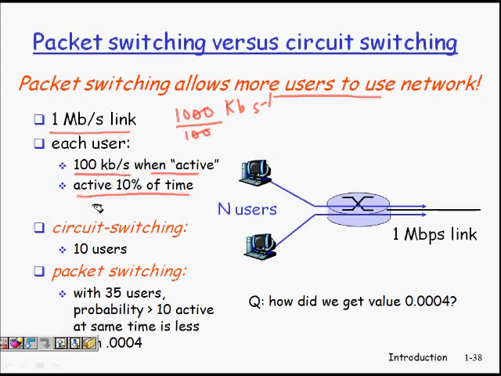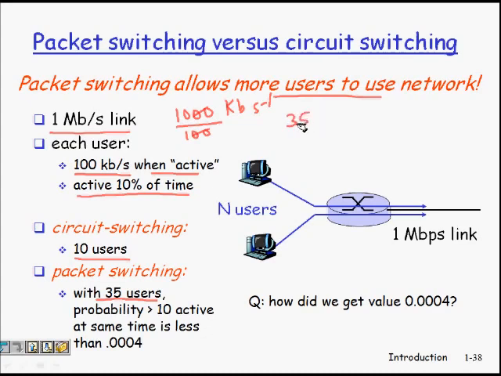On average, we are active only 10% of the time. So with circuit switching we would have got just 10 users, but here let's say we have 35 users. Now it is asking what is the probability that more than 10 users are active at once? Okay, so let's try to see.